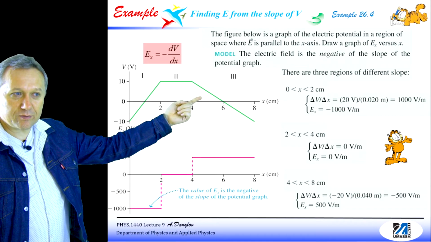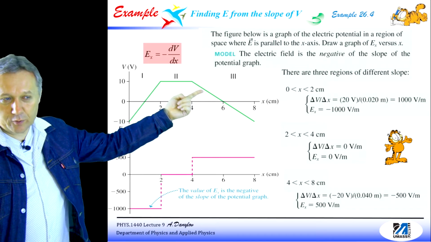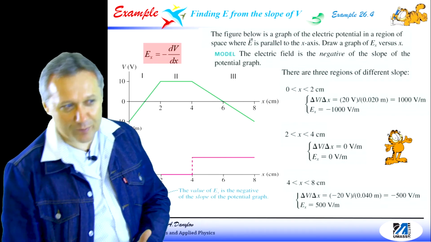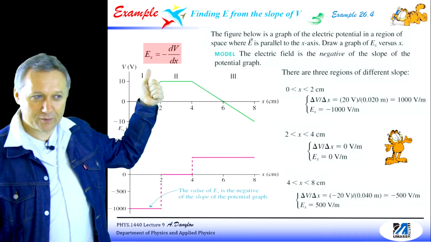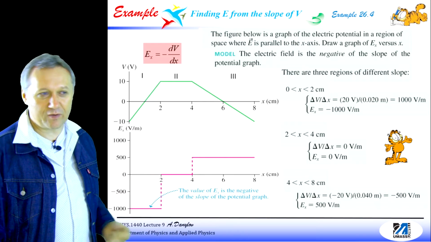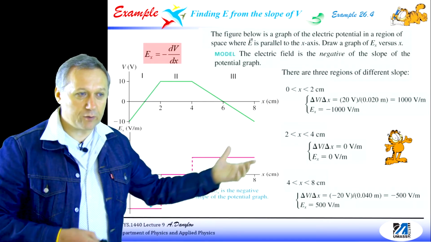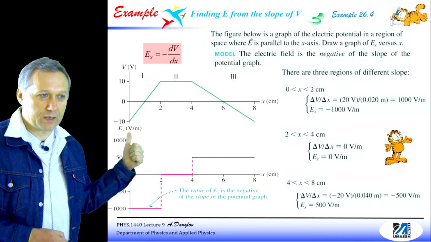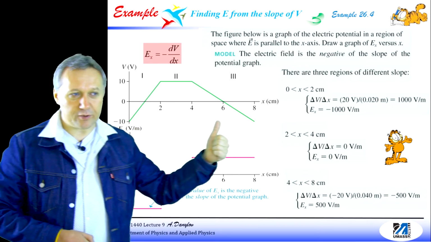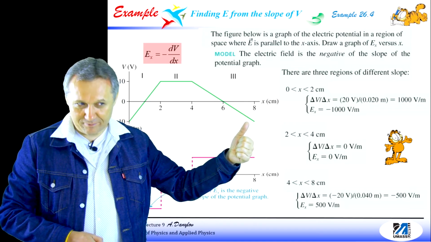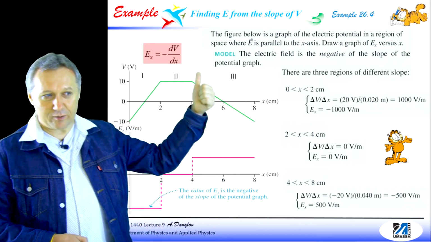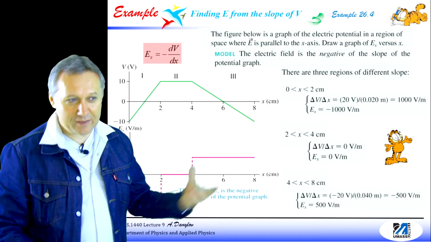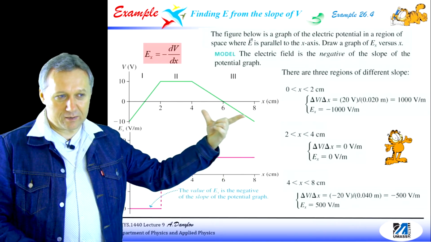And then the third region, now, of course, you can see the slope is negative. And of course, the electric field as a result will be positive because of that minus in front. But of course, we need to find actually the value of the slope. And in order to find the value of the slope, again, it's final value minus initial. Final value now is what? In the third region, it's negative 10 minus initial value 10. So it's minus 10 minus 10. It will be minus 20. And then divided by change in x.